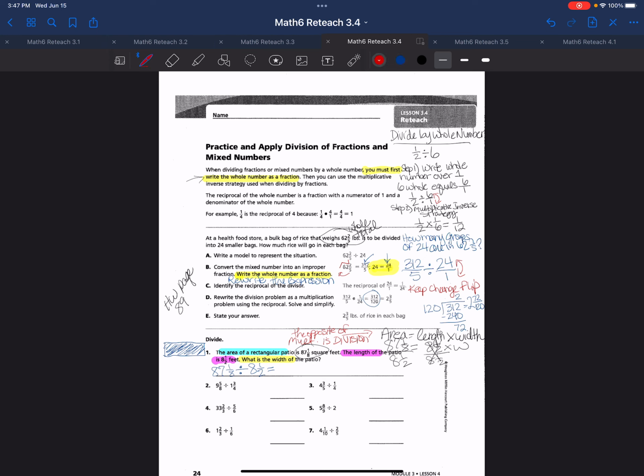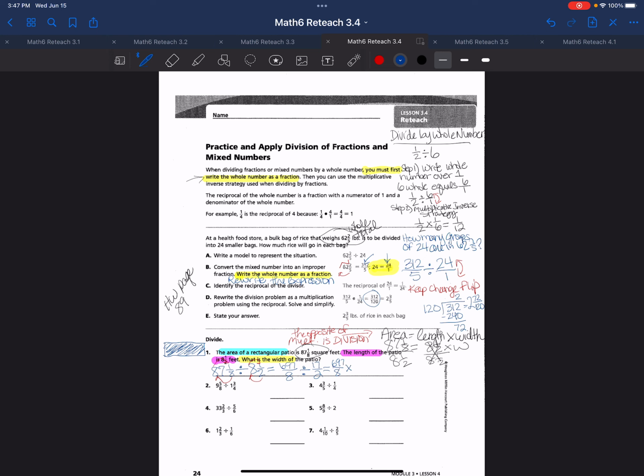Okay, I need to change these now both into improper fractions. So 87 times 8 plus 1 is 697 over 8. Then I have 2 times 8 is 16 plus 1, that's 17 halves. Now I need to do keep, flip, change.